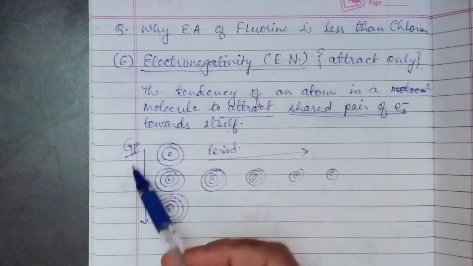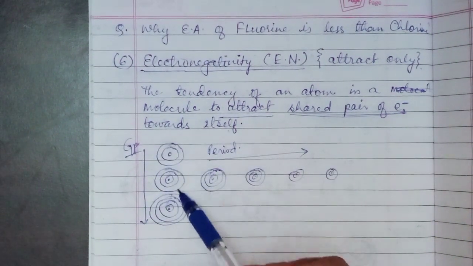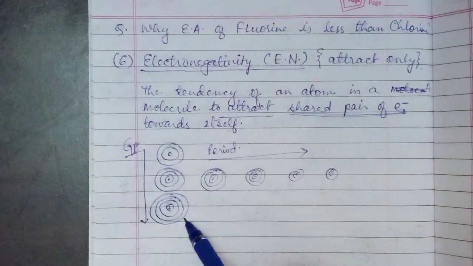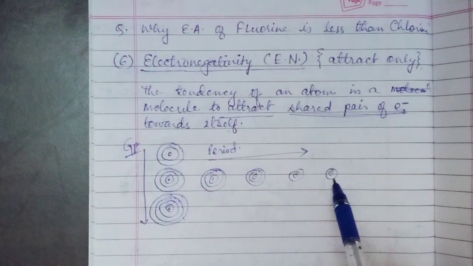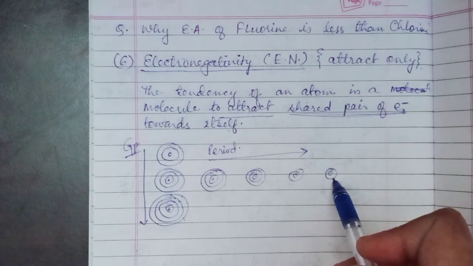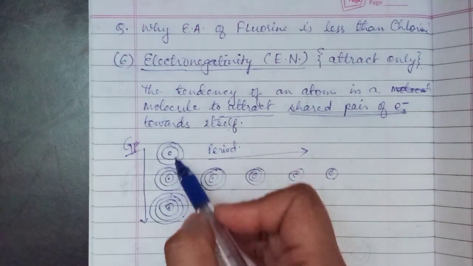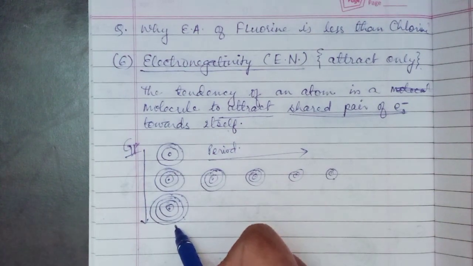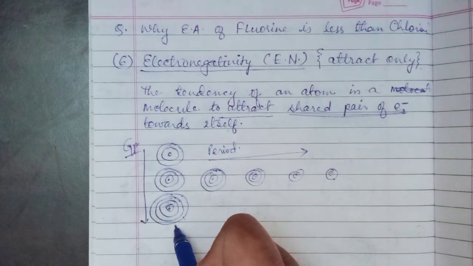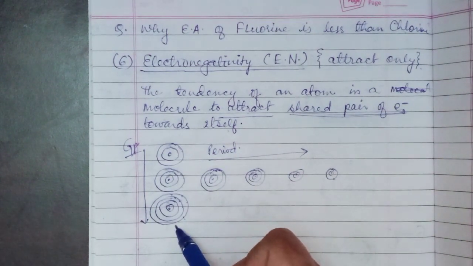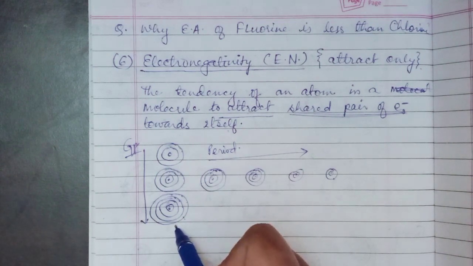Now children, see here what is happening in a group. The size of an atom is increasing down the group, and in a period the size of an atom is decreasing from left to right. We have already discussed so many times that when we are moving down in a group, the size of an atom is increasing. Due to the increase in size, the nuclear pull will not be that strong.